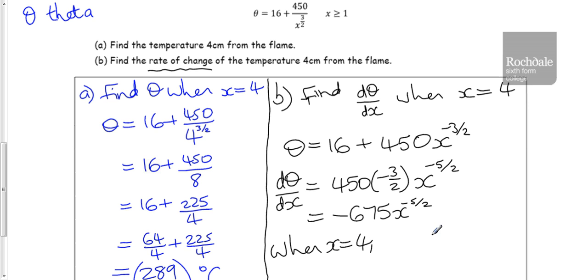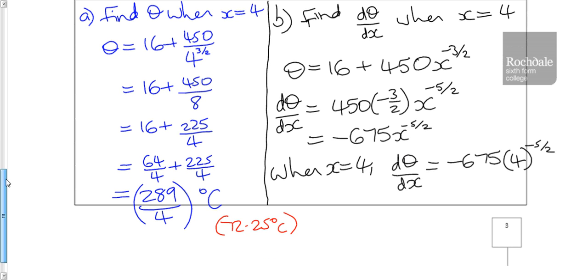So when x is 4, the rate of change of the temperature, in other words, d theta by dx, is going to equal minus 675 times 4 to the power of minus 5 over 2. Let's remind ourselves what negative power means. It means 4 must go in the denominator here, and the bottom number in the power is the root, so that's square root of 4, and the top number is the power.